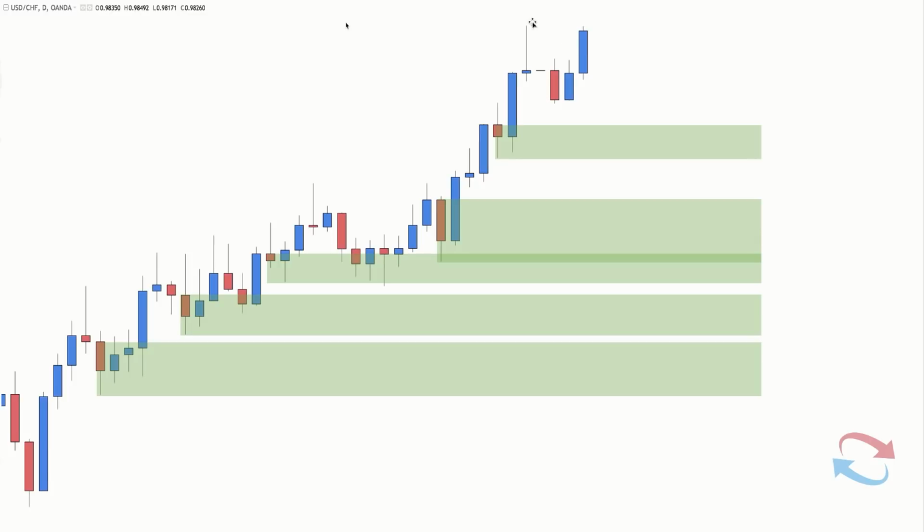And then we get this situation where we have a high, we get the swing, but what we don't get is a brand new high, right? So it's not clear that this is, again, a brand new high. So we can't put a demand zone. A demand zone shouldn't be put here until we get a new high.